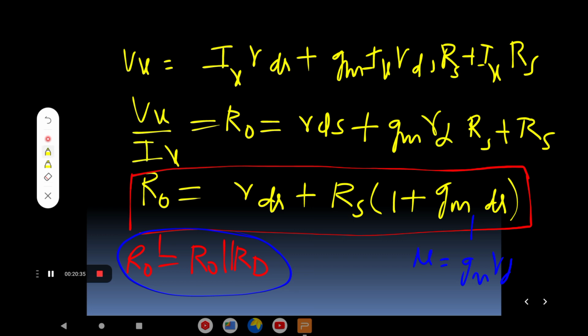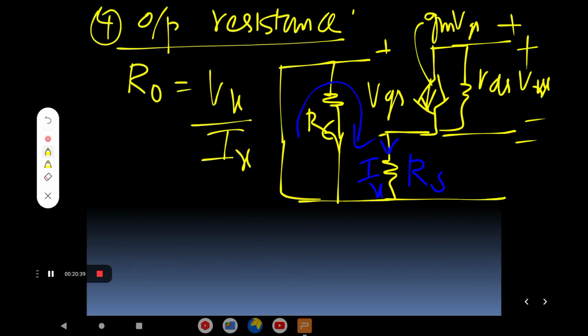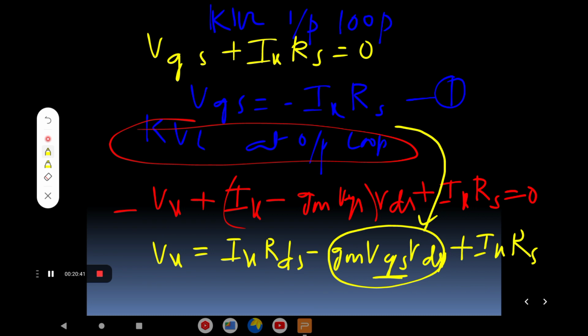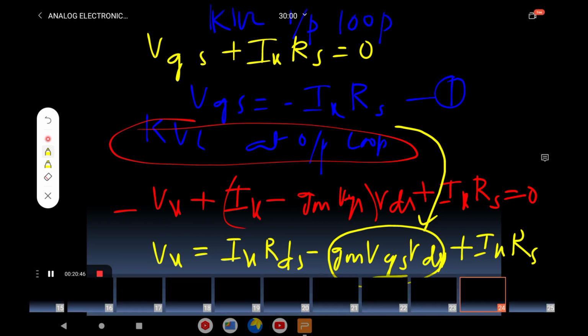So it is nothing but RDS. Why? Because from the given formula, you are replacing the VGS with Ix into RS only. So therefore, it becomes Ix into RS only.